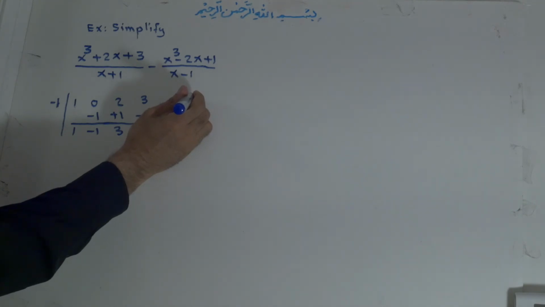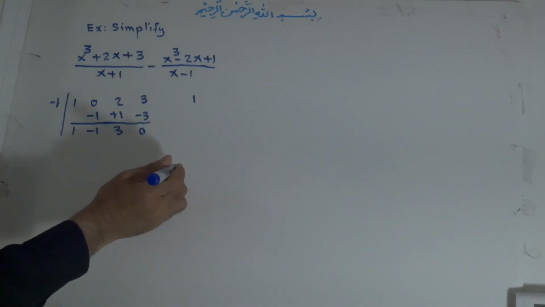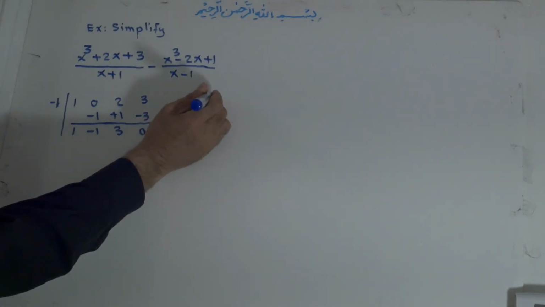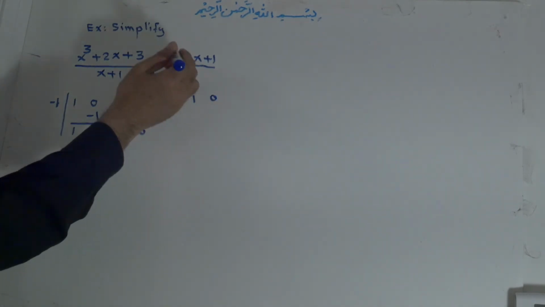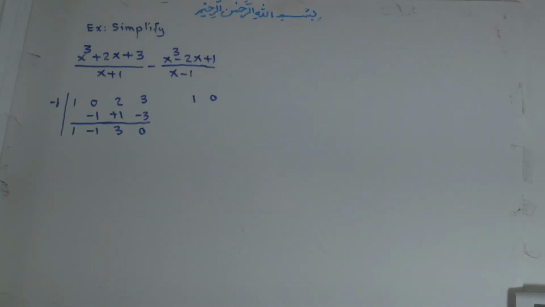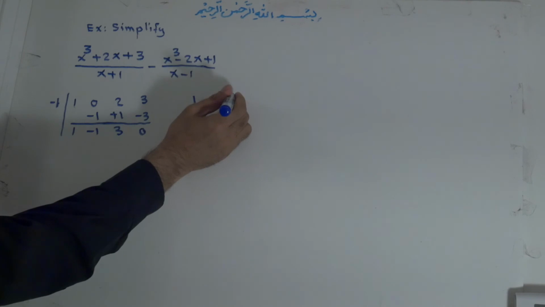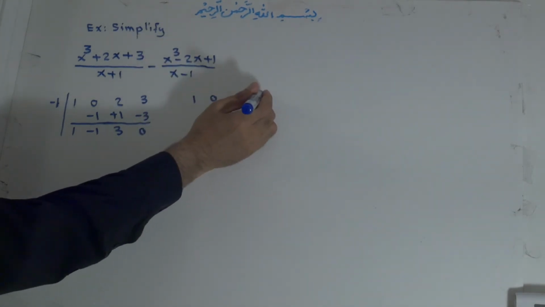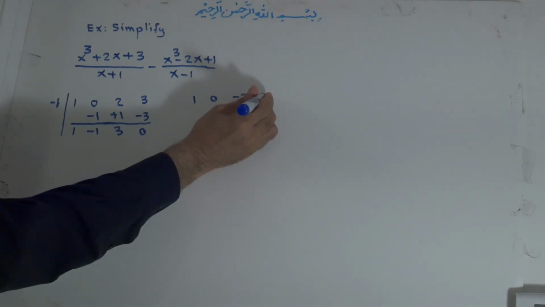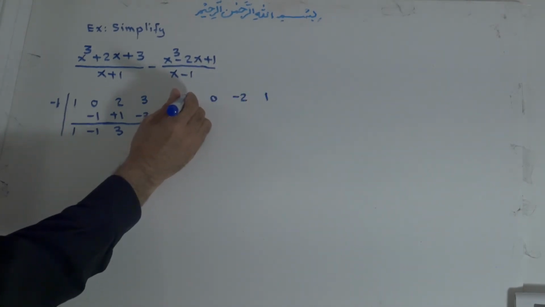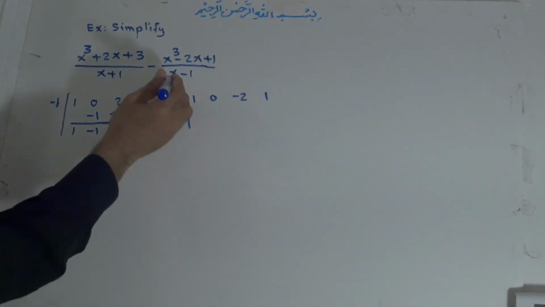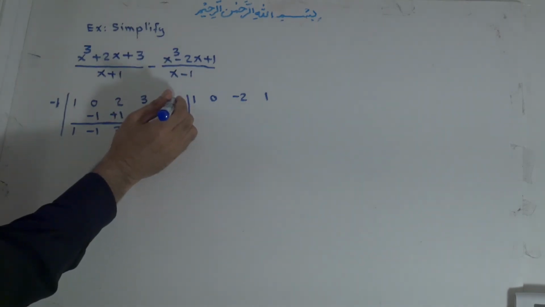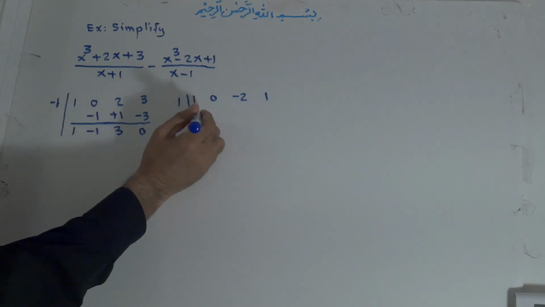And for the second one, the coefficient of x to the power of 3 is 1 and x to the power of 2 is 0. It means that there is no x to the power of 2, and x to the power of 1 is minus 2, and the constant is 1. Now this is negative, so we write it positive 1, or just 1. 1 and positive 1 have the same meaning.